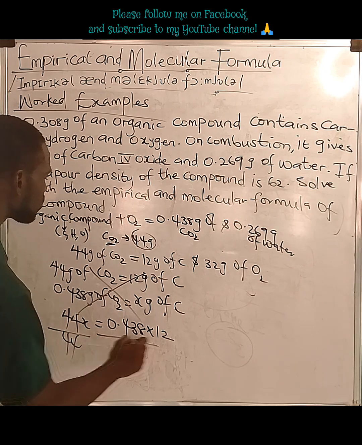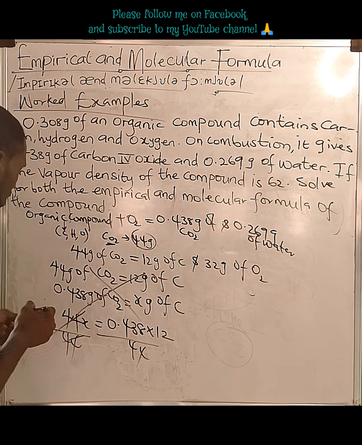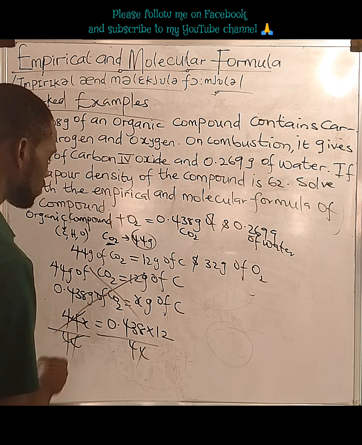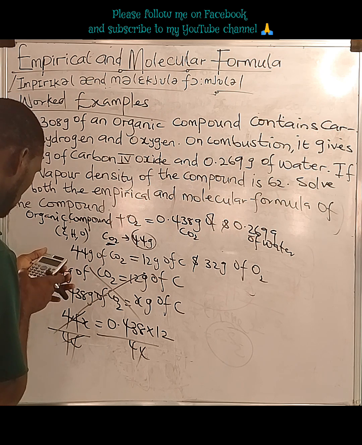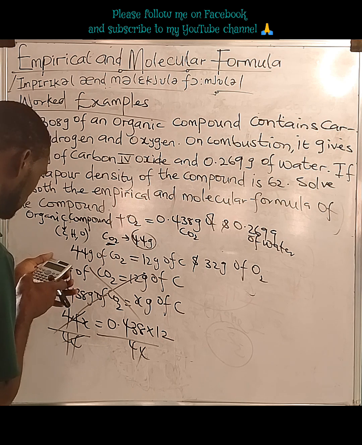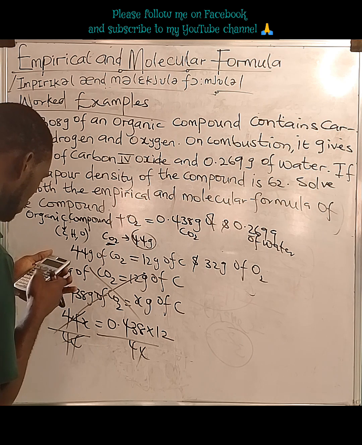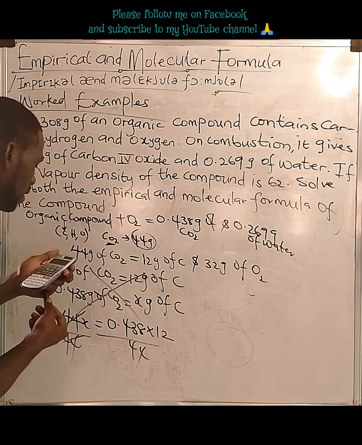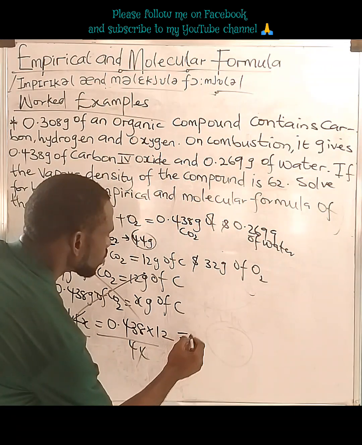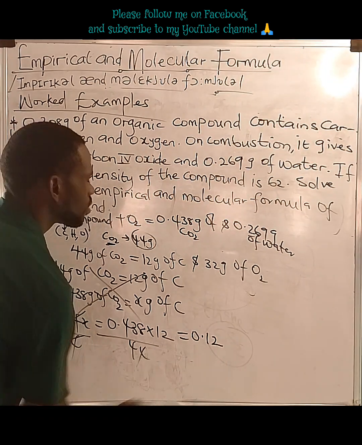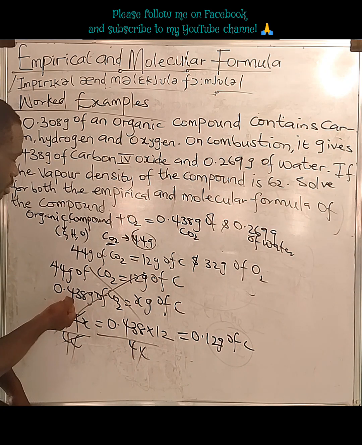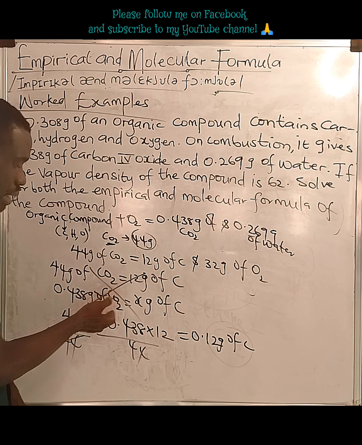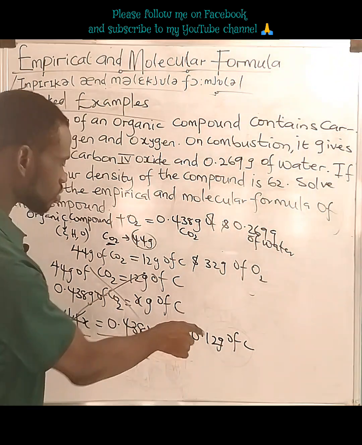We're going to use our calculator. 0.438 times 12 divided by 44. You have 0.119, which is taken as 0.12 gram of carbon. That means out of 0.438 gram of carbon dioxide, we have 0.12 gram of carbon.